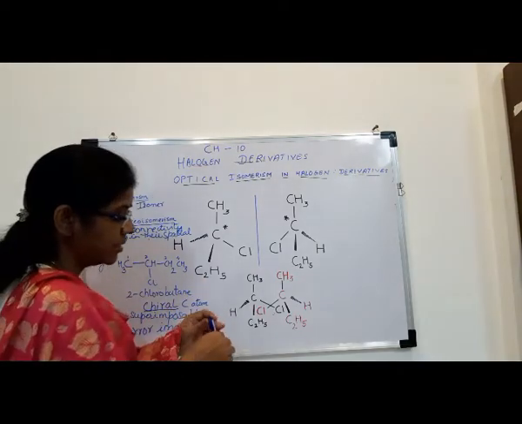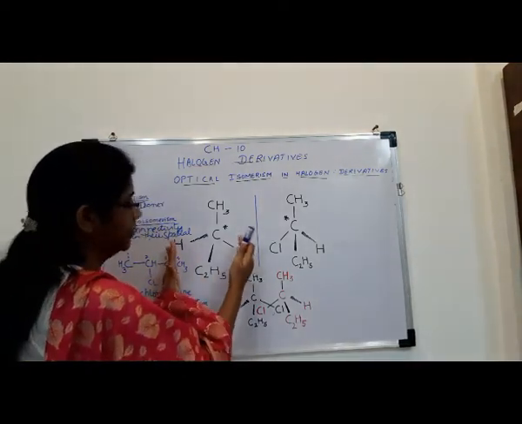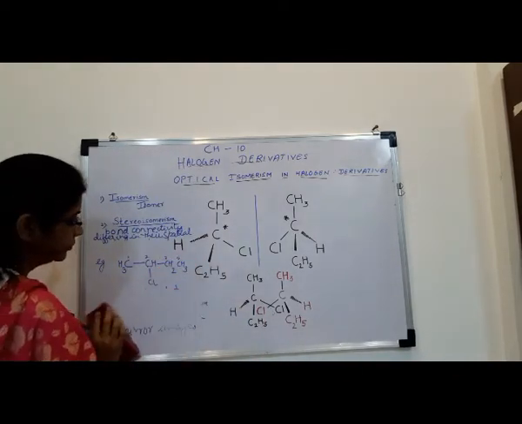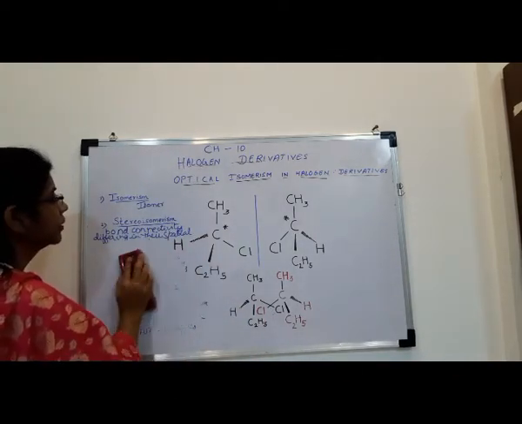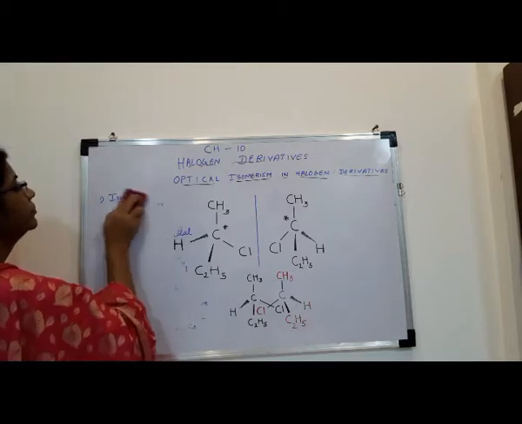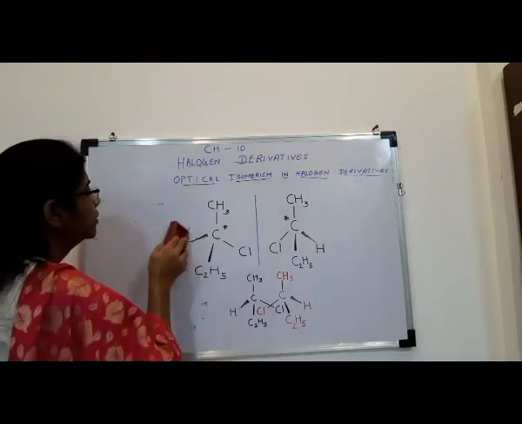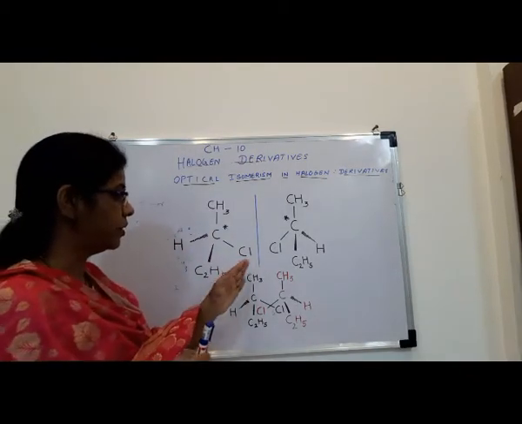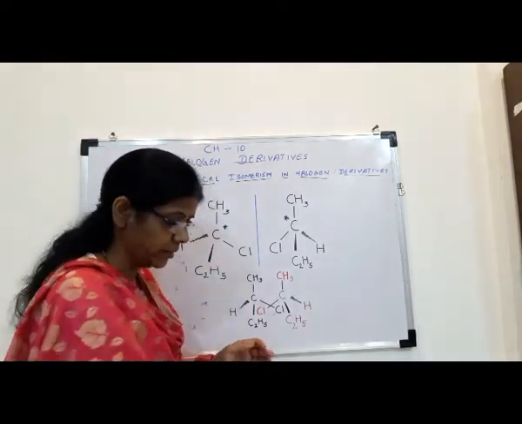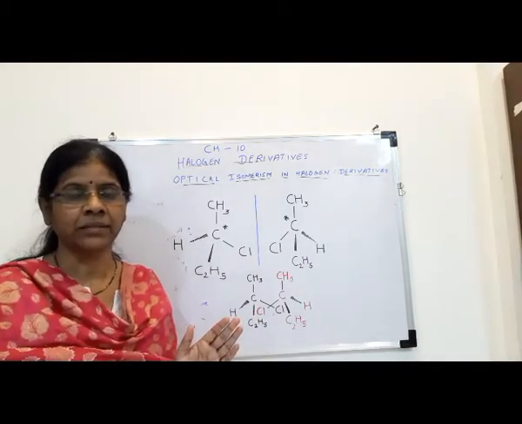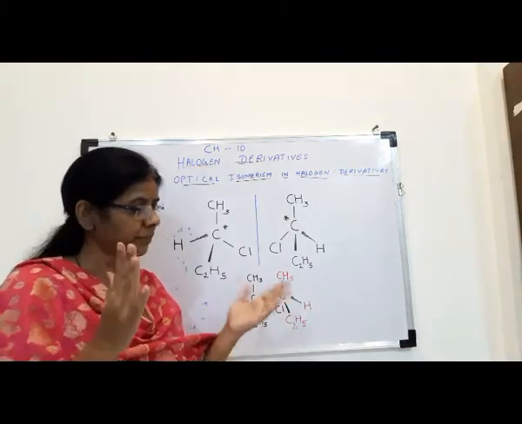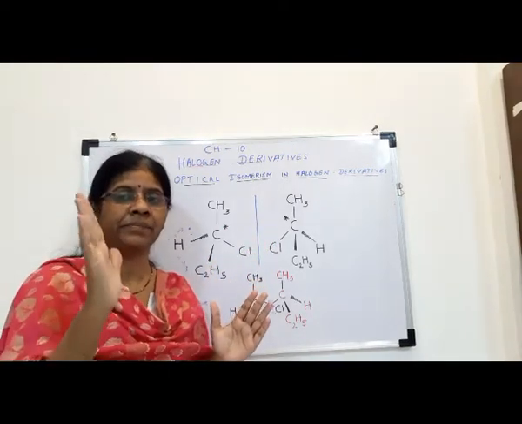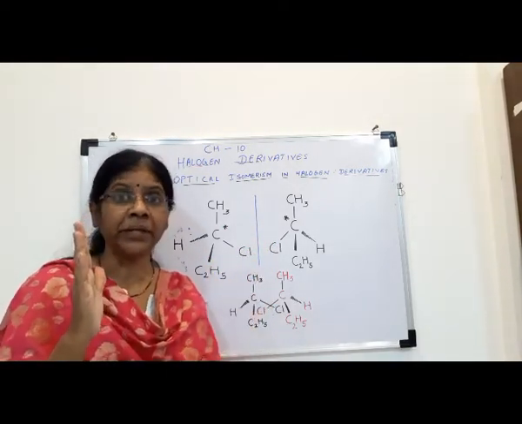Now just see this chiral carbon atom, this chiral molecule. Consider it to be placed before a mirror. Now see, this is my right palm or hand. This is my left hand. I place my right hand in front of the mirror.